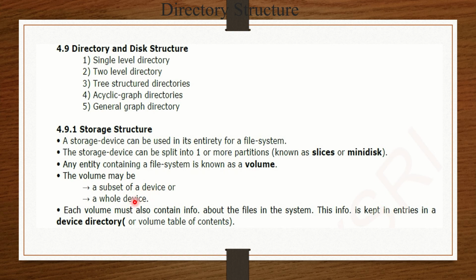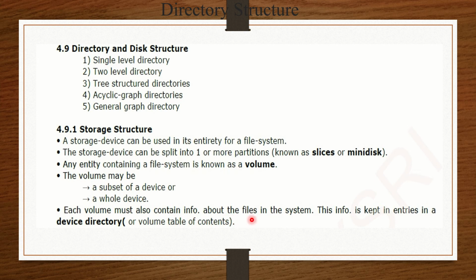The volume will have some subset of the device's contents, or the whole device, and that is a volume. And each volume must also contain information about the files in the system.